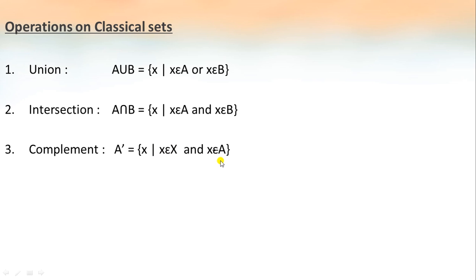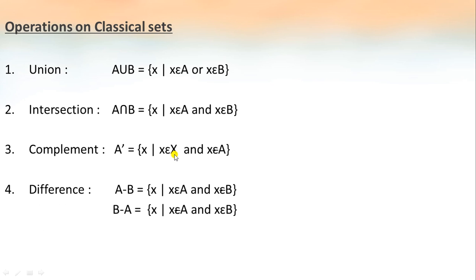When we write A complement, that set should contain elements which are not present in A but are present in the universal set, which is represented using X. Next operation is difference, which is represented as A minus B. The set A minus B will contain elements X which belong to A and do not belong to B. Similarly, B minus A will contain elements X which do not belong to A and belong to B.